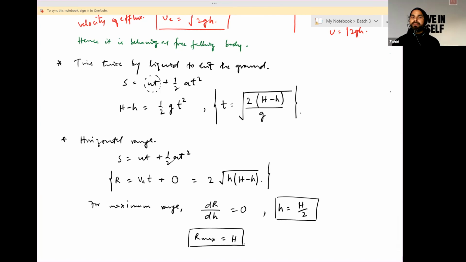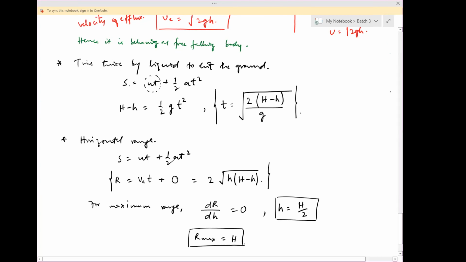It should be at the midpoint of it. Atif, any doubt? No, sir. Riba? No, sir. Okay. In the upper part, I have taken vertical motion, and in the below part, I have taken horizontal motion.